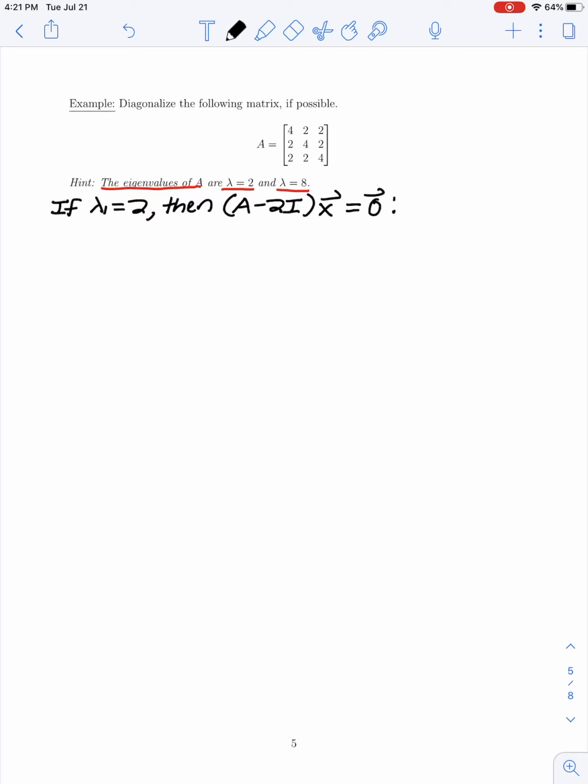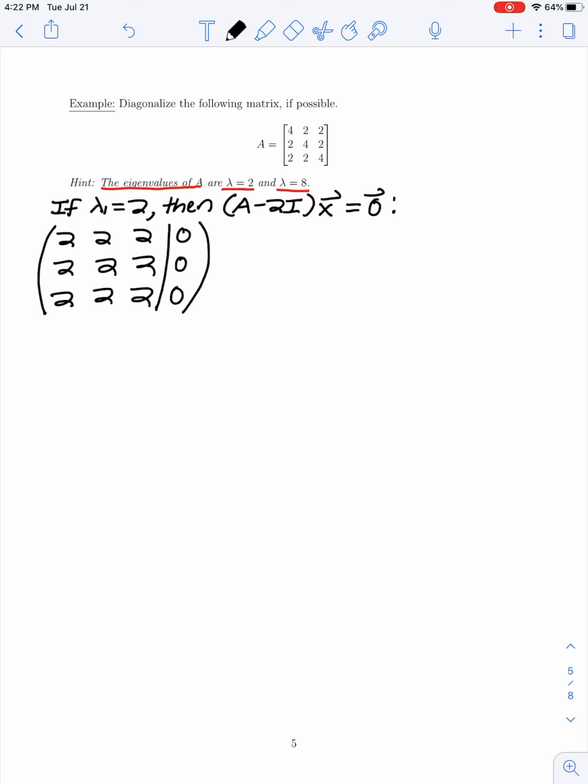Expressing this system as an augmented matrix, for A minus 2I we're subtracting 2 from the diagonal entries of A. So we have the matrix 2, 2, 2, 2, 2, 2, 2, 2, 2, which we are then augmenting with the 0 vector, since this is a homogeneous equation.